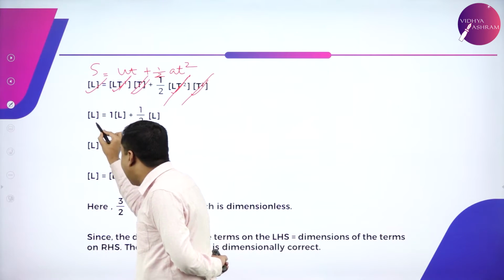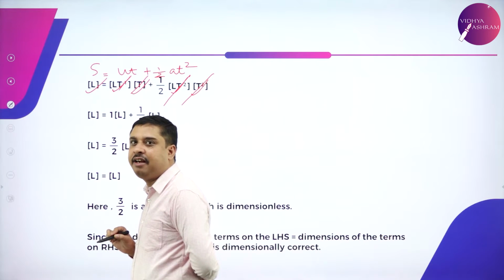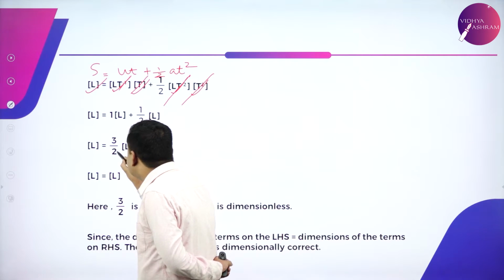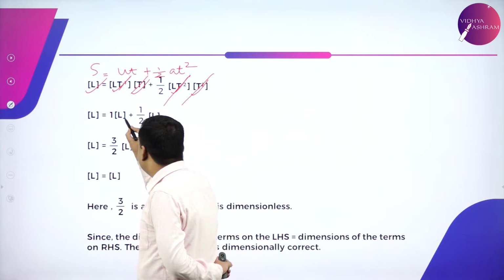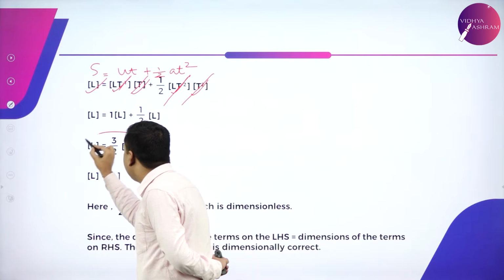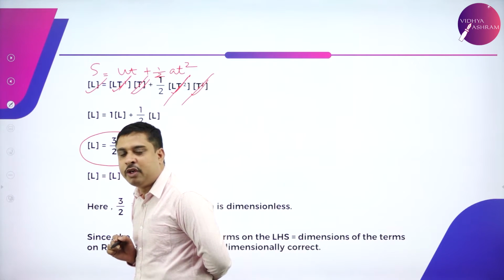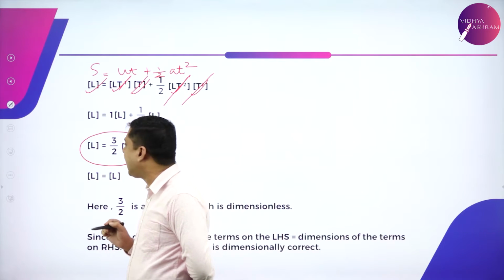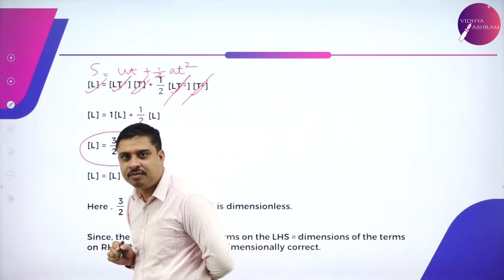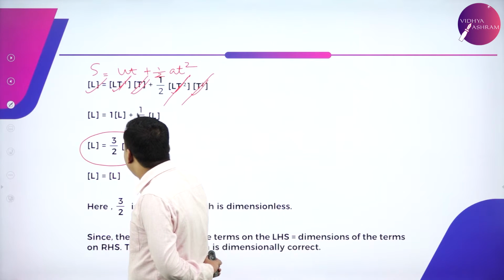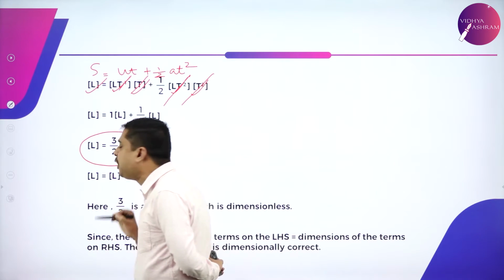L. Again, L on the left hand side. 1 plus half 3 by 2. Again, L. Observe this now. Very beautifully on the left hand side, L. This is equal to 1 plus half 3 by 2 L.